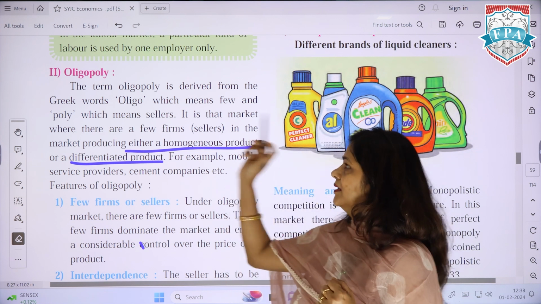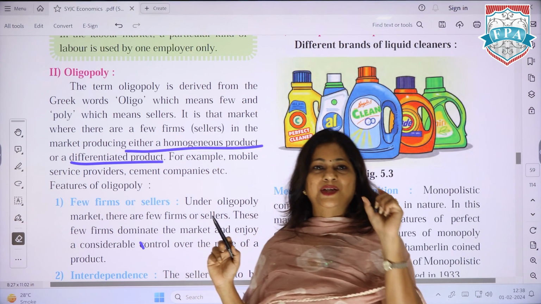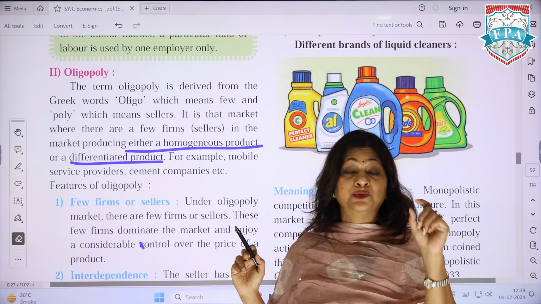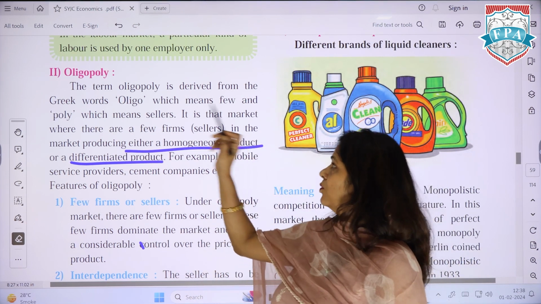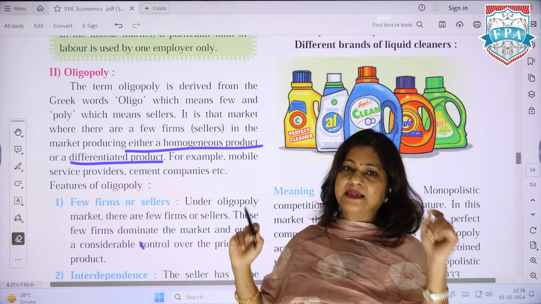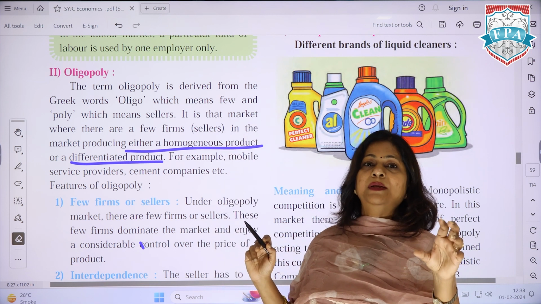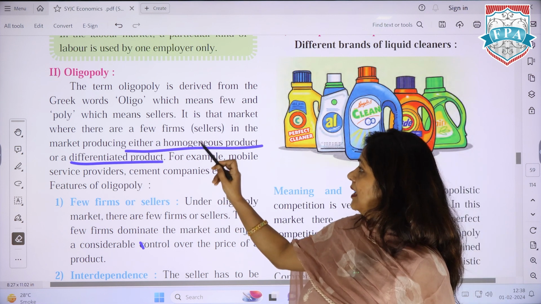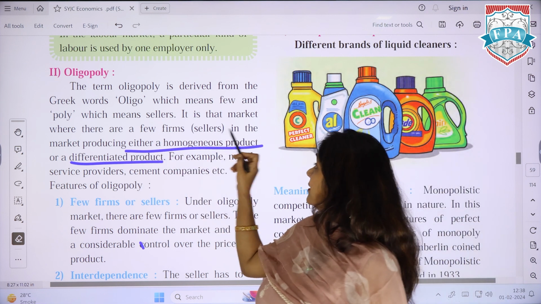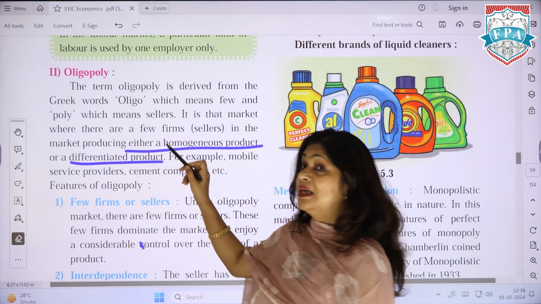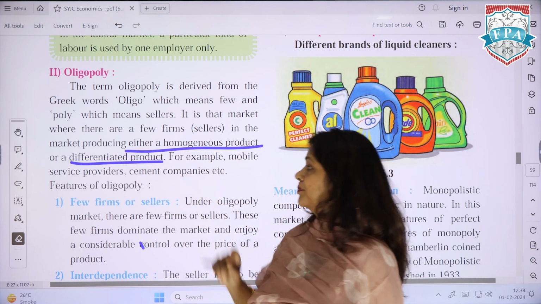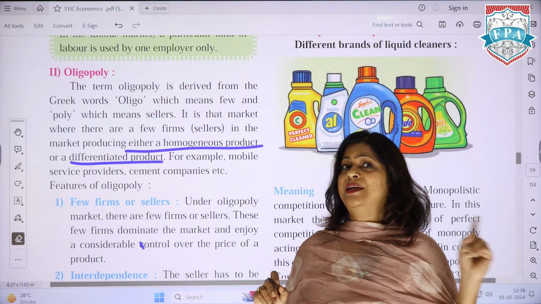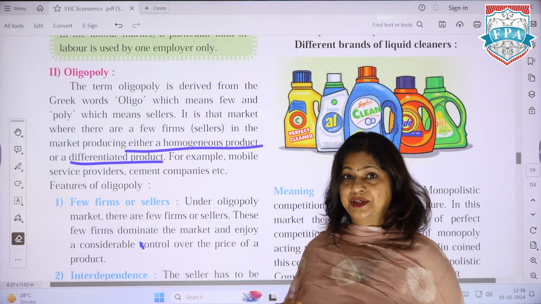So important thing is when you're writing the answer to oligopoly, please remember oligo means few, poly means seller. Oligopoly means few sellers and lot of consumers, and you need to write down that the sellers in the market produce either a homogeneous or differentiated product. Not essentially a differentiated, homogeneous or differentiated product.